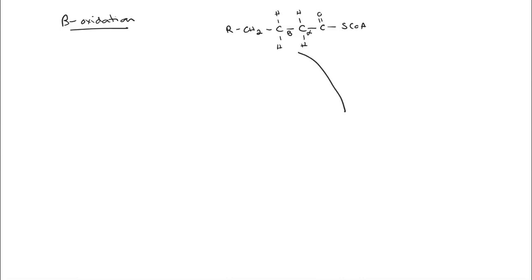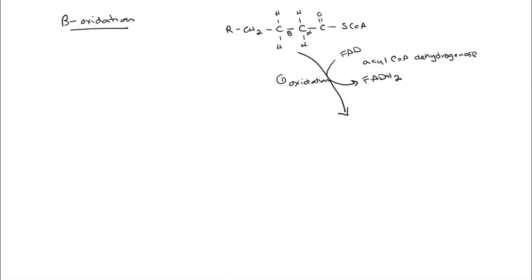So let me give myself enough room. And the enzyme in this step 1, which is our oxidation, is going to be acyl-CoA dehydrogenase, and we're going to yield an equivalent of FADH2 from this oxidation step.